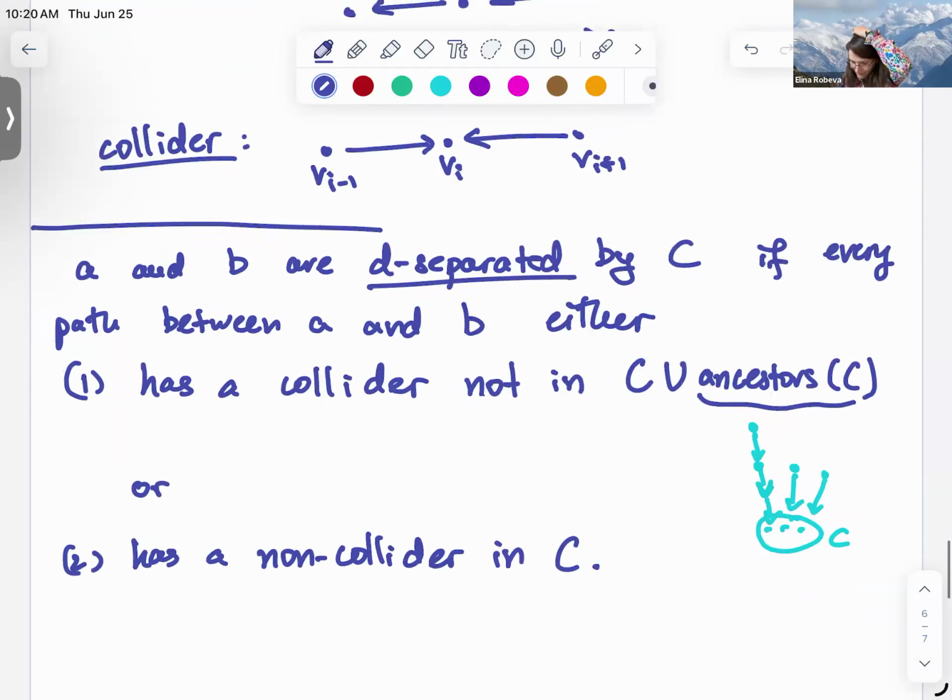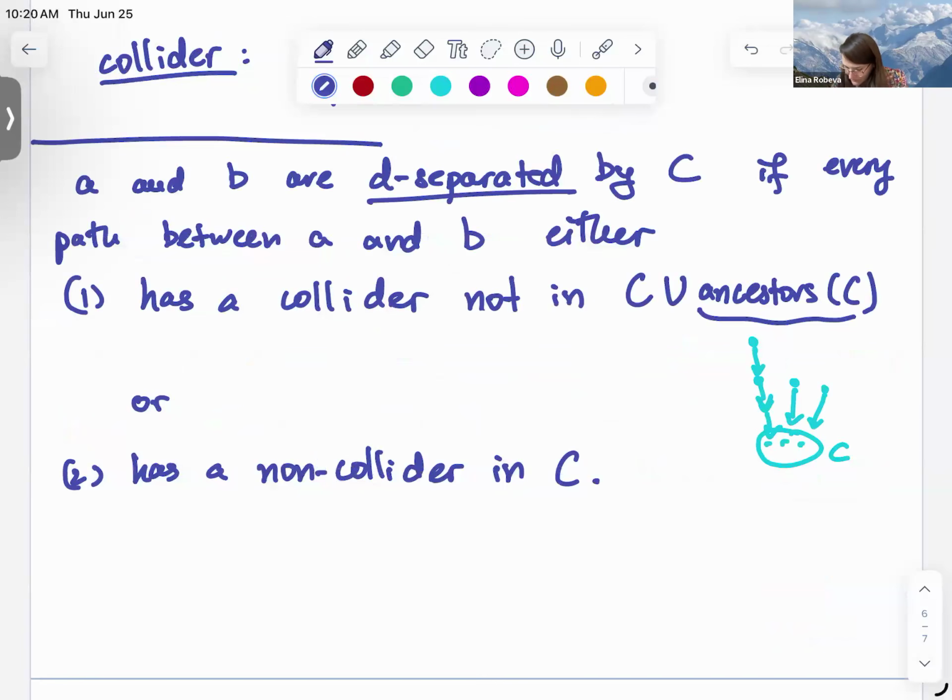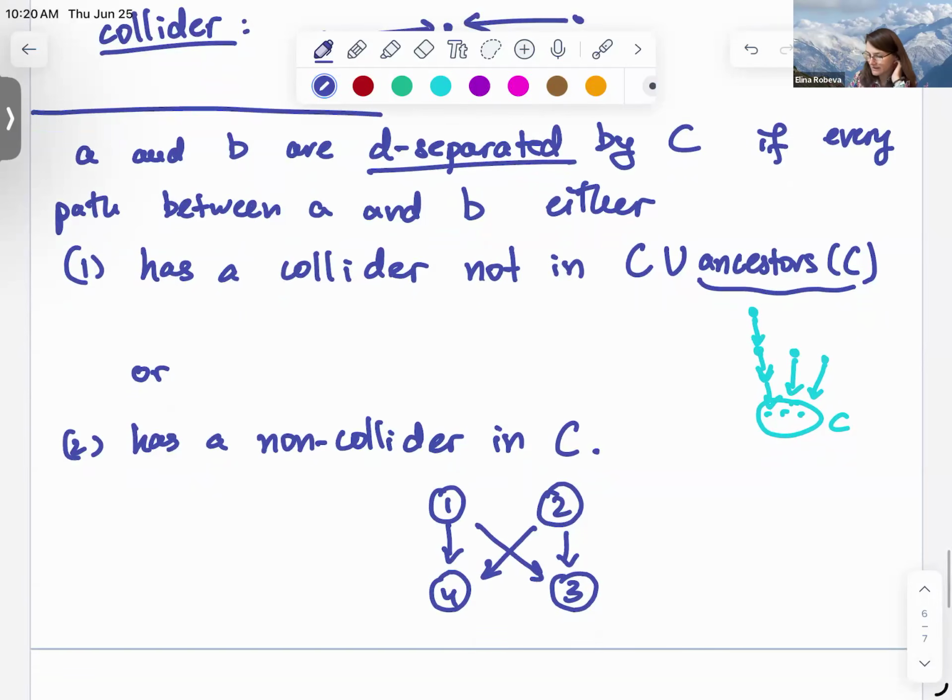Okay, so let's look at this graph again. Maybe easiest is to look at 1 and 2.